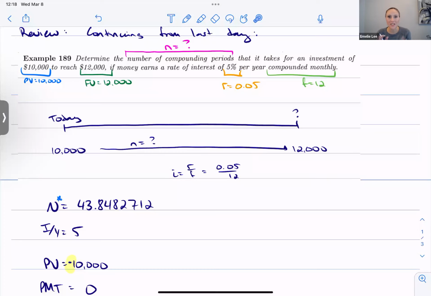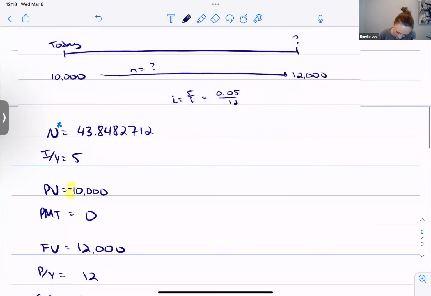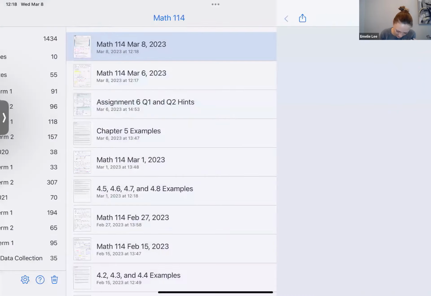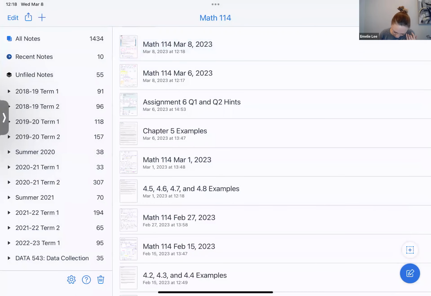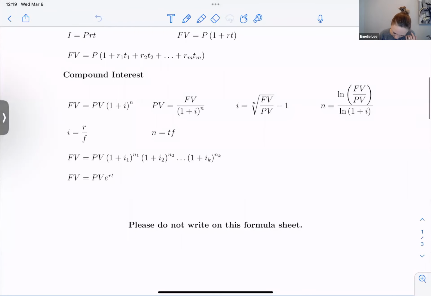Of course, we can use the formulas too, right? Here's our formula sheet, just to remind you and me.